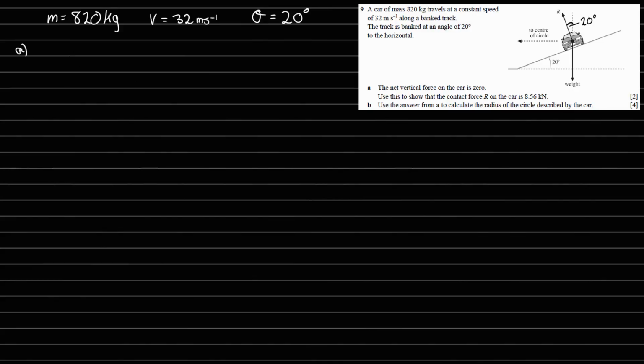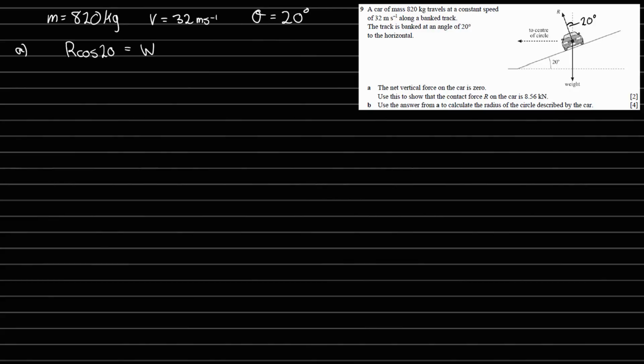And so then, R cosine 20, cosine because it includes the angle, we're bothered about this component acting up here, R cosine 20 must be equal to the weight, because if we do R cosine 20 minus the weight, that would equal 0, as we're told the net vertical force is 0.